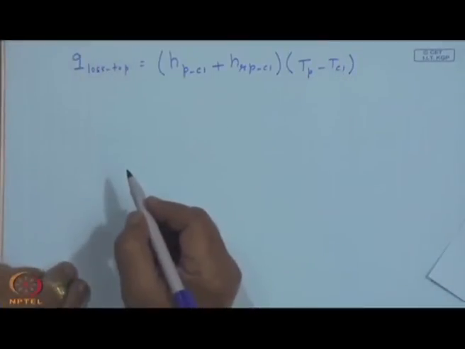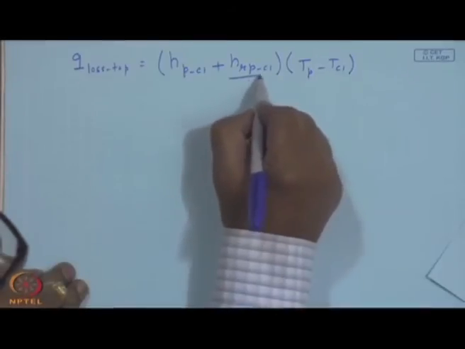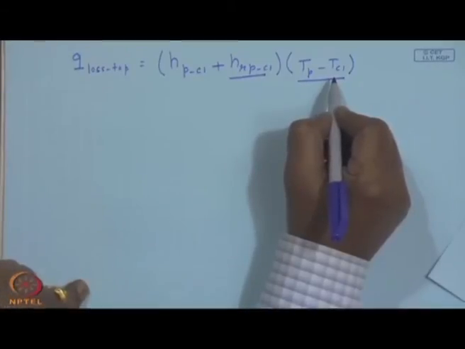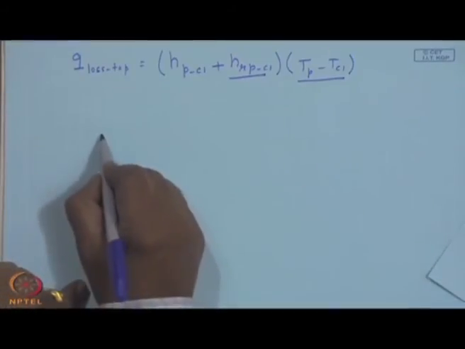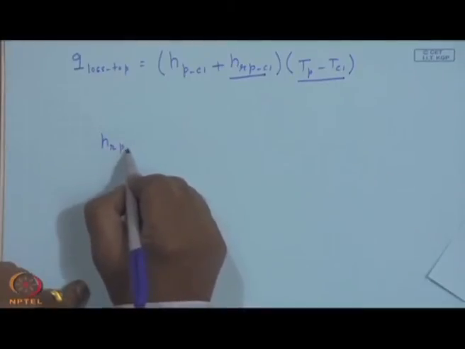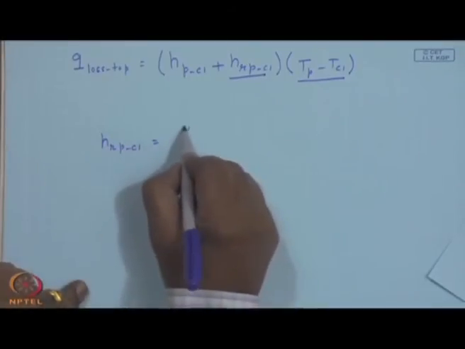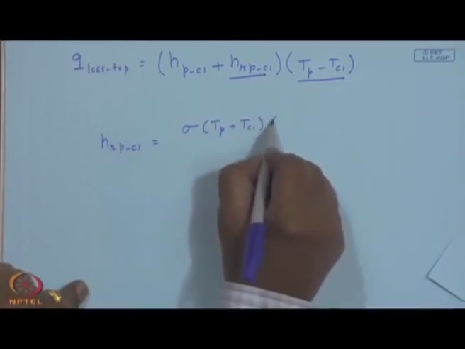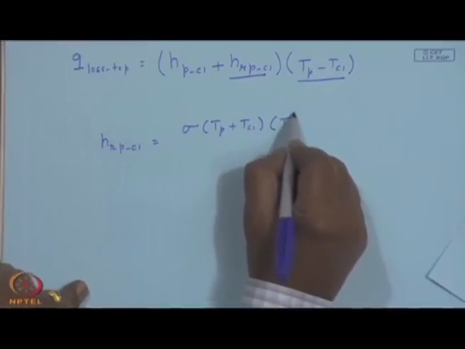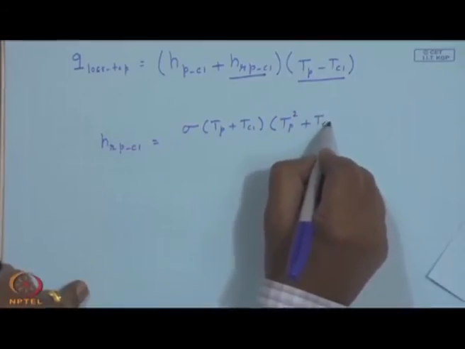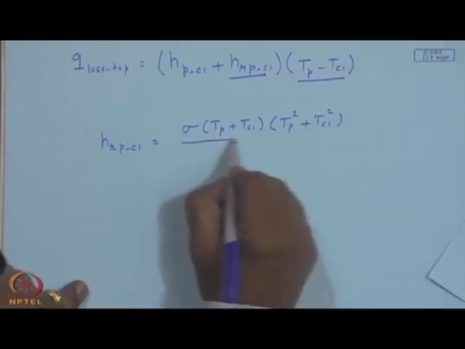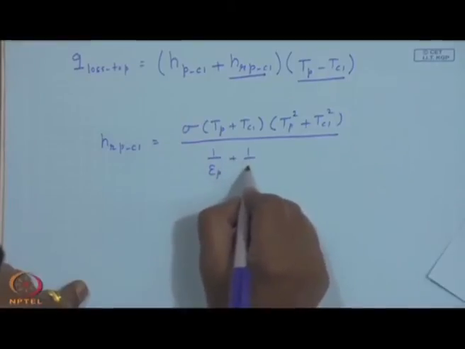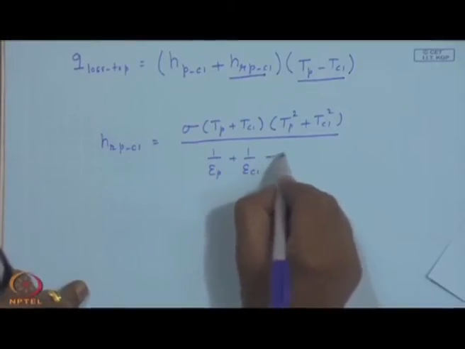Now, that radiative loss is expressed in terms of a radiative heat transfer coefficient multiplied by just the temperature difference, not the difference of the fourth powers of the temperatures. So, H R P to C 1 is defined as sigma T P plus T C 1 into T P squared plus T C 1 squared by 1 upon epsilon P plus 1 upon epsilon C 1 minus 1.